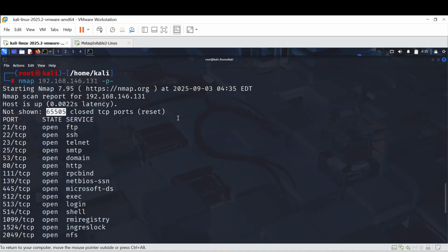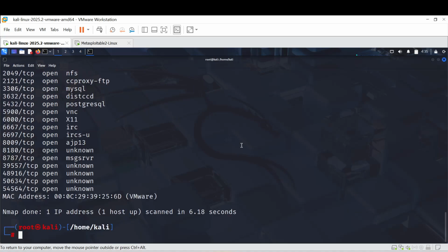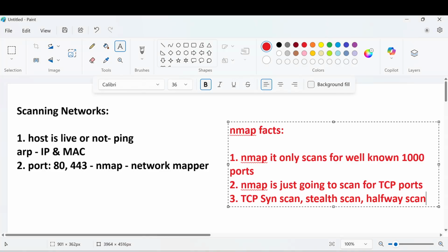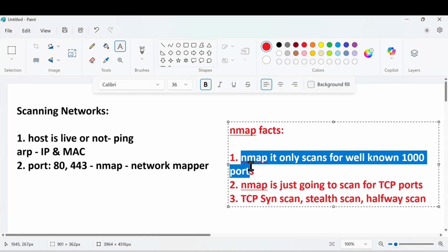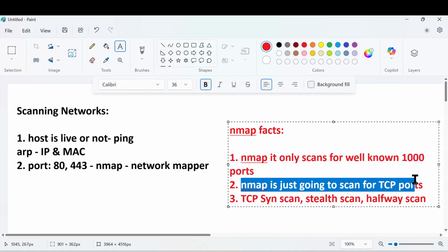So let's try to look for UDP also. As we have seen, Nmap was first only looking at 1000 ports, and it was also just looking for TCP ports, but we have a lot of services that use UDP, like DHCP, DNS, and many more.